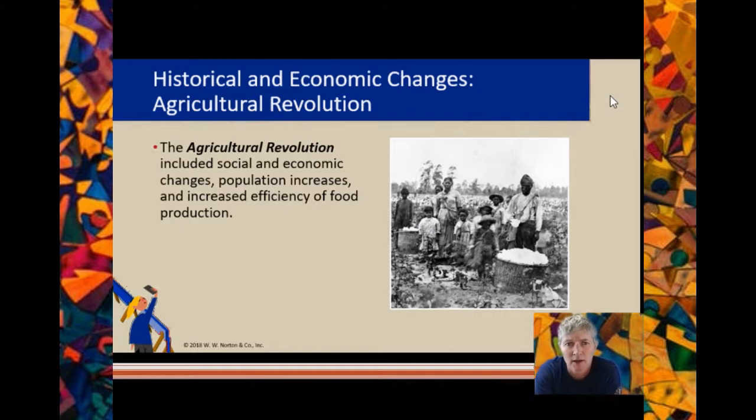In reference to the agricultural revolution, this of course is a period which included social and economic changes, population increases, and ultimately increased efficiency of food production. The population increases followed from the domestication of plants and animals and the gradually increasing efficiency of food production.